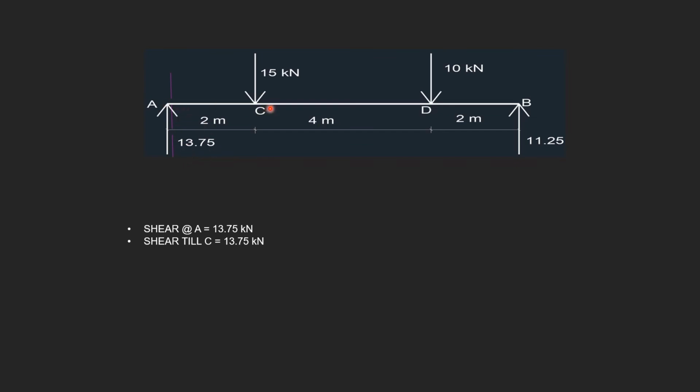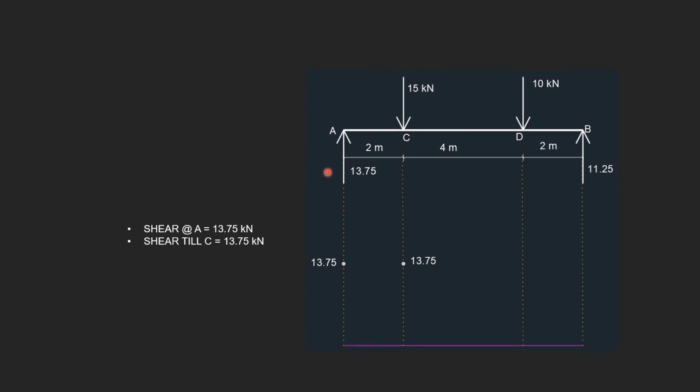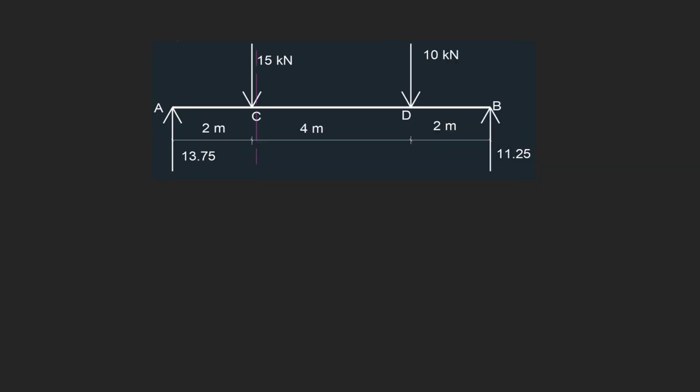Since from A to C there is no other loads placed, shear till C will be 13.75 kilonewton. So let's mark this in the shear force diagram. See, from here it is 13.75 at A and till C it will be 13.75.